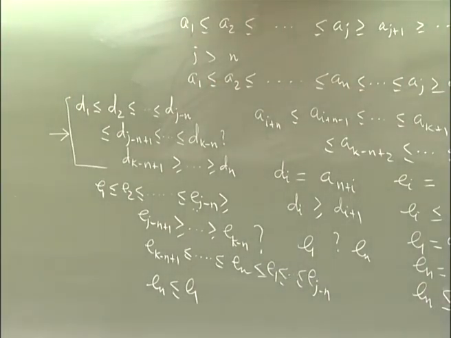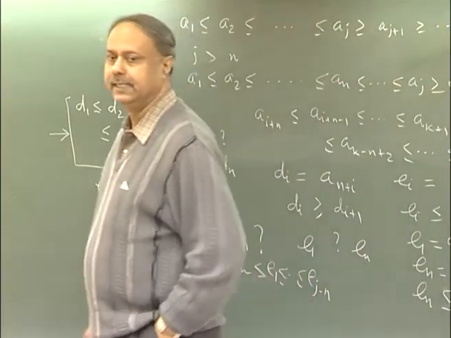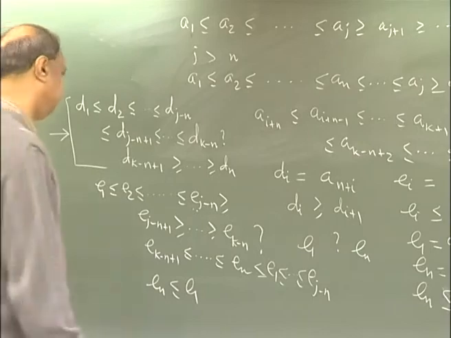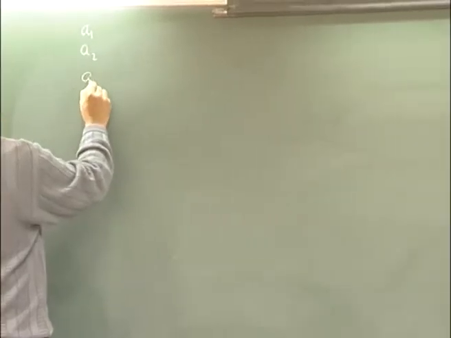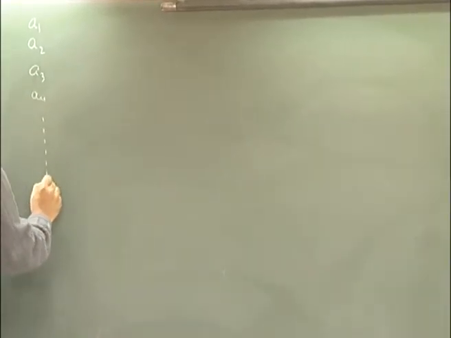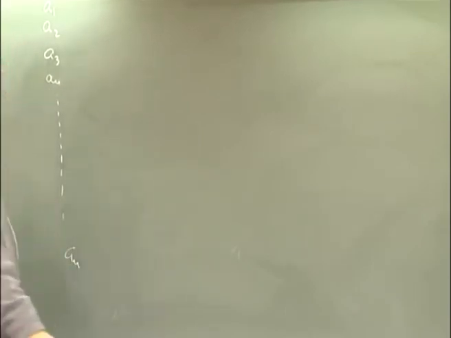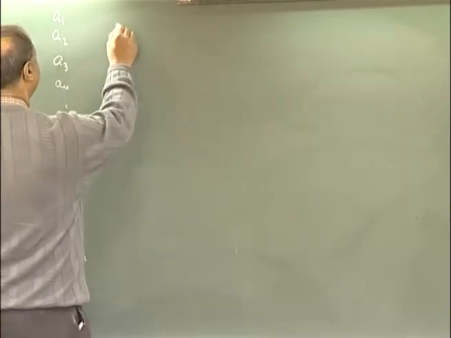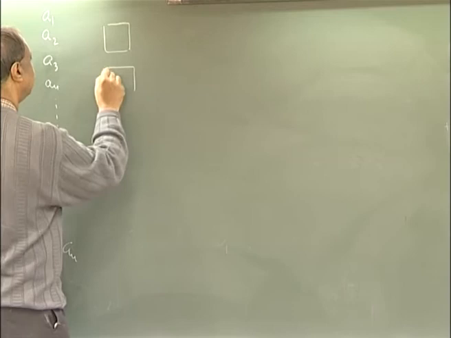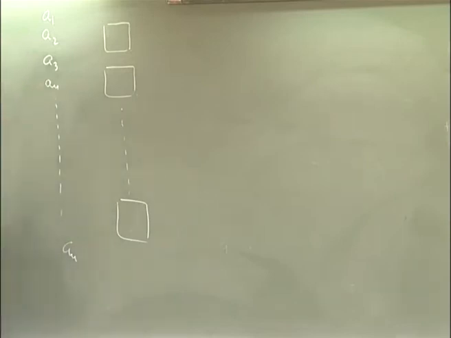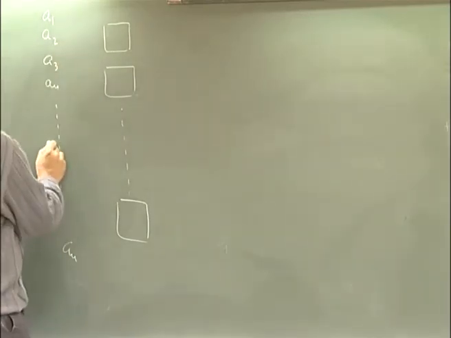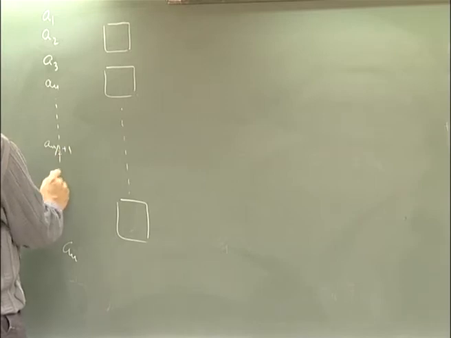Now what you have to show is that the maximum of D is less than or equal to the minimum of E. Now suppose you have a bitonic sequence A1, A2, A3, A4, up to An. What should be your network? The network will look like this: you have n by 2 comparators, and here you have n by 2 plus 1, n by 2 plus 2, and so on.